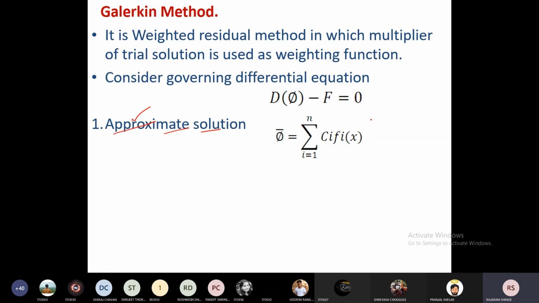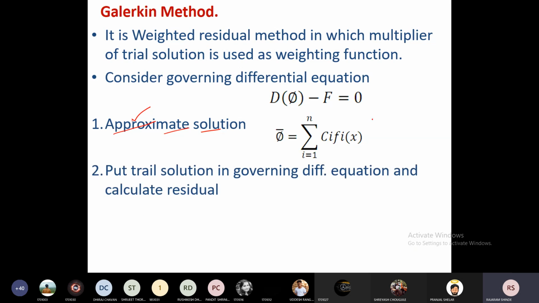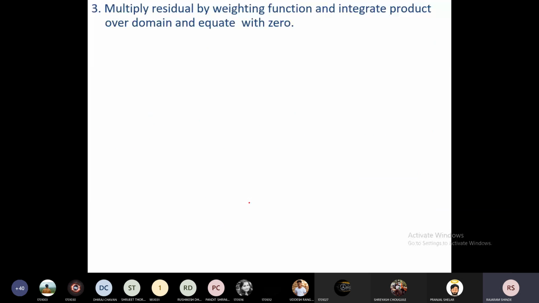Do you agree with this? Next, put the trial solution in the governing differential equation and solve to calculate the residual. This is the same step as in the weighted residual method. After that, we have to select the weighting function.